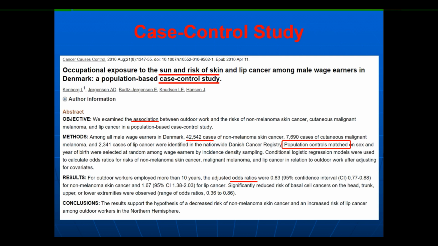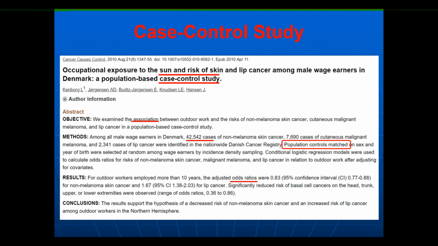So here, you see, among all males, such and such, 42,000 cases of non-melanoma skin cancer. Consider this a skin cancer. And then he studied the risk factor, and then he controlled with population-matched controls. He controlled with people who didn't have sun exposure.